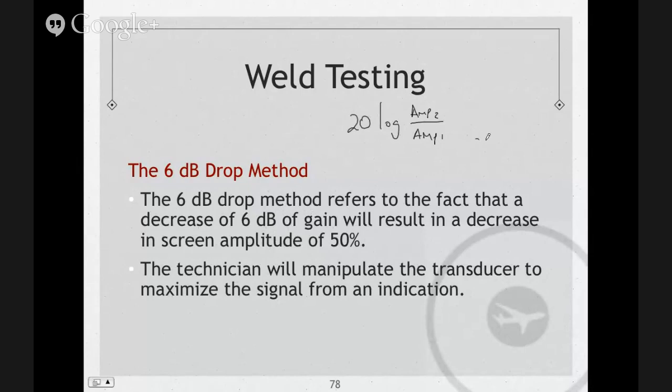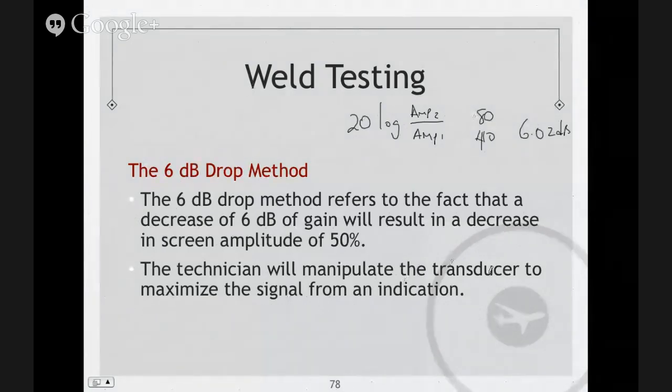Remember, we went from 40% all the way to 80%, and we said that we had to add 6 decibels. Well, if you decrease 50%, you will decrease your screen amplitude by half, or 50%. Or if you add, you're doubling your indication.